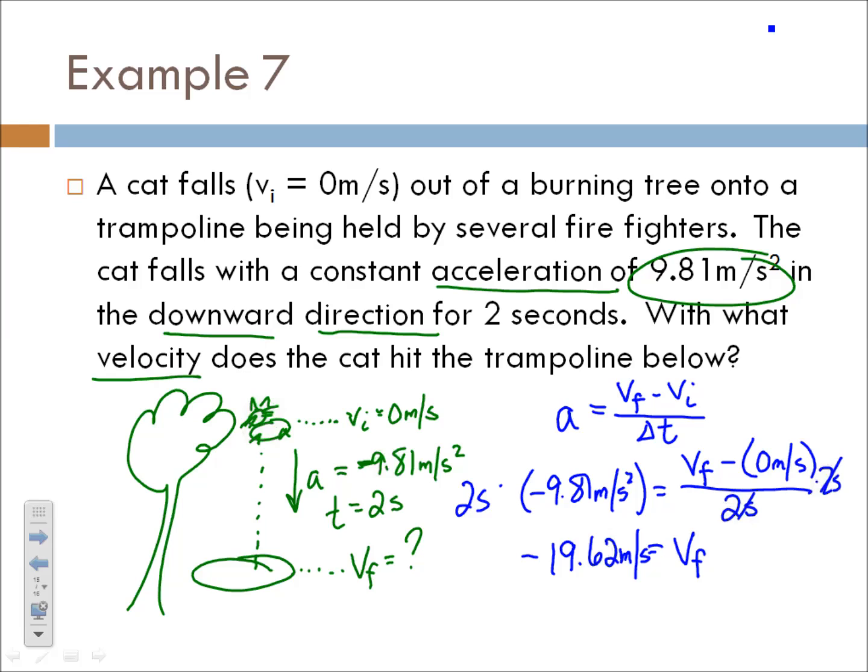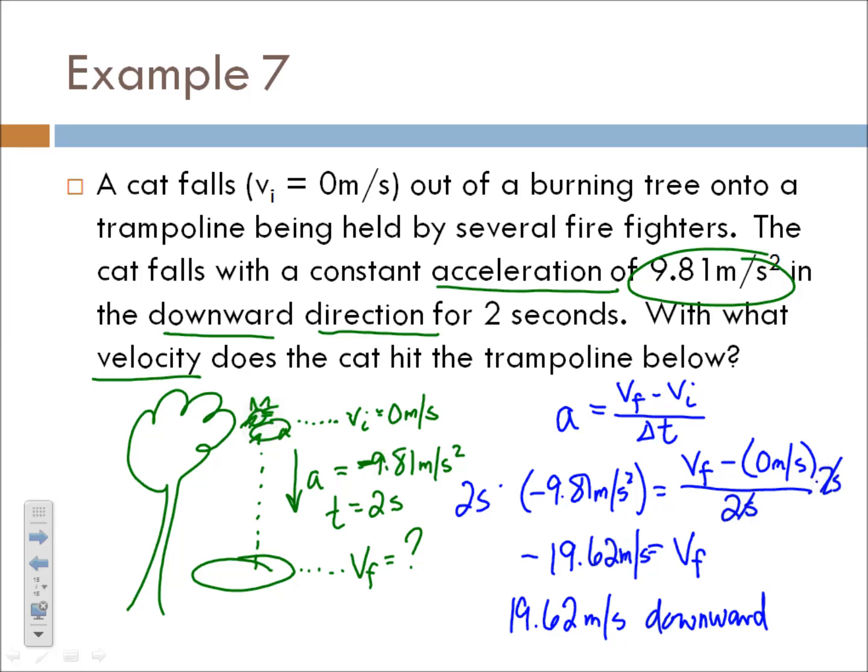Meters per second is a velocity. And so my final answer is that this cat is falling at 19.62 meters per second, or has a velocity of 19.62 meters per second downward when he hits that trampoline.